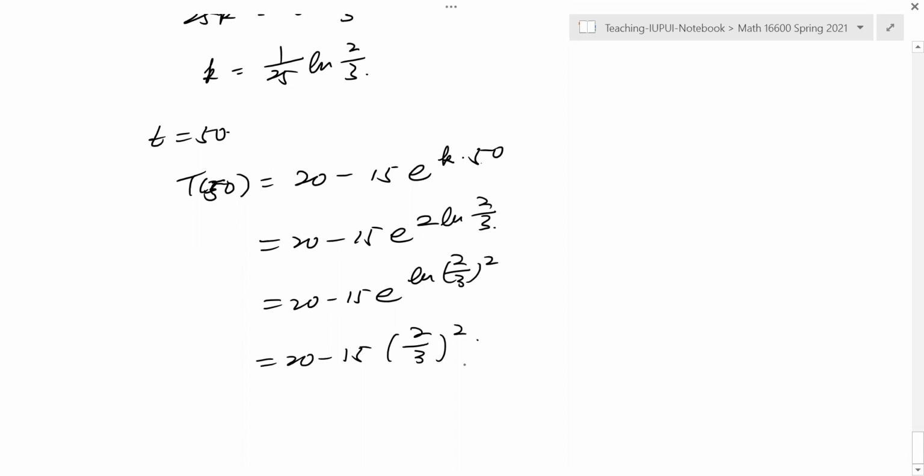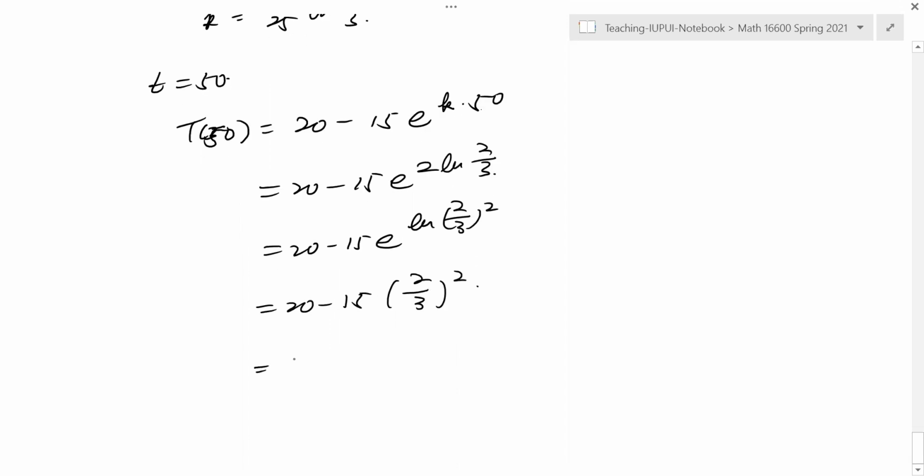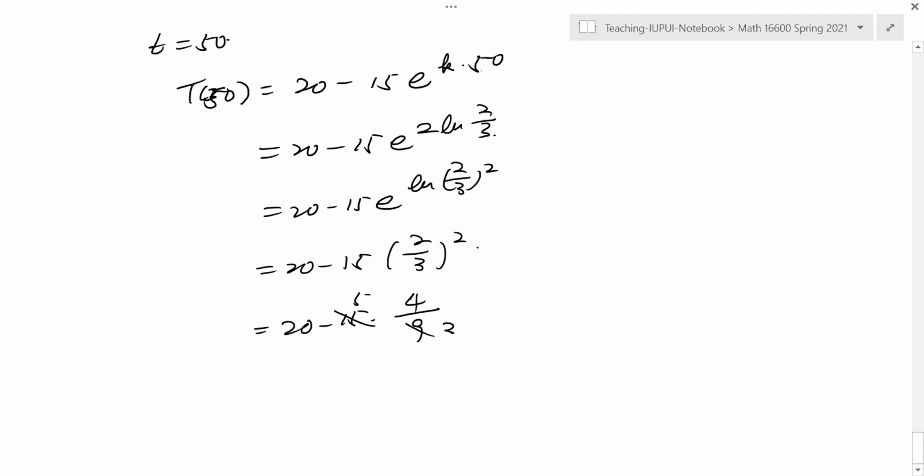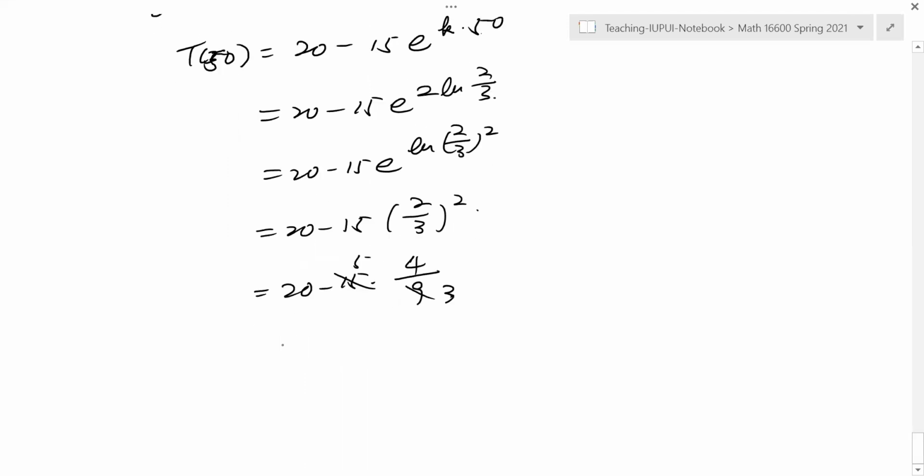2 over 3 squared is 4 over 9. So this cancels out, 3 goes into 15 giving 5. 4 times 5 is 20, so it's actually 20 times 2 over 3.